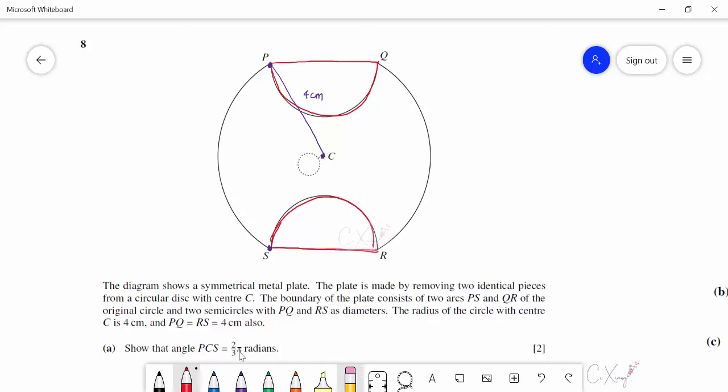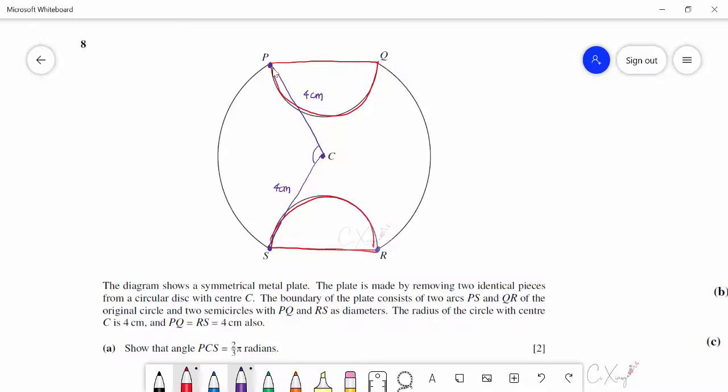Assume that this is a straight line. So this is also 4 cm. They want us to show that this angle is 2 pi over 3. So how can we show it? What we already know is that C is the center of the original big circle. P is a point on the circumference, and R is also another point on the circumference.